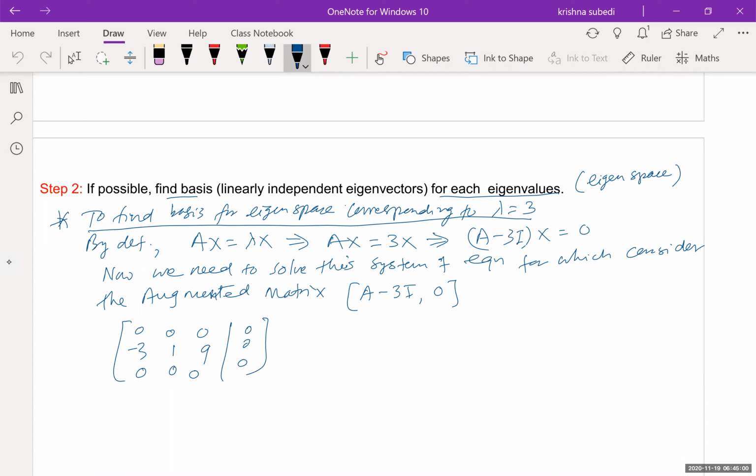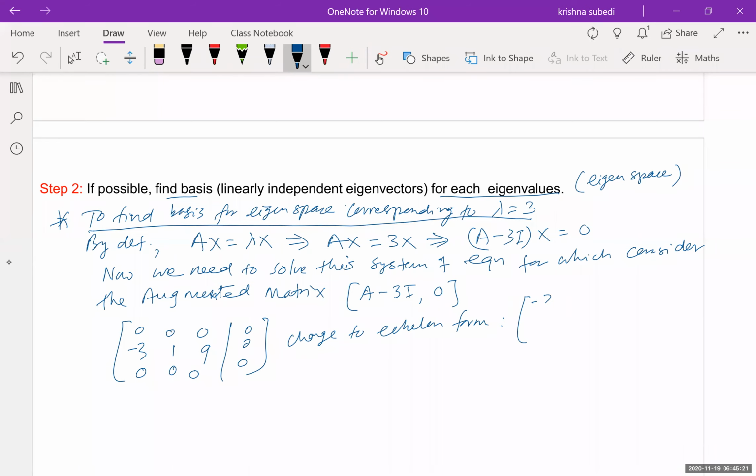Now, I would like you to change this into echelon form. You just row interchange the rows, and then you will be done. You will have echelon form.